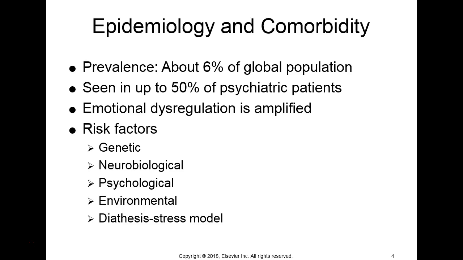So anyways, overall emotional dysregulation is amplified in these personality disorders. And some risk factors: certainly there can be some genetic predisposition, and usually that might be a genetic predisposition towards anxiety, depression, schizophrenia, substance abuse, or any of those other types of disorders, which can exacerbate the symptoms of that personality disorder.